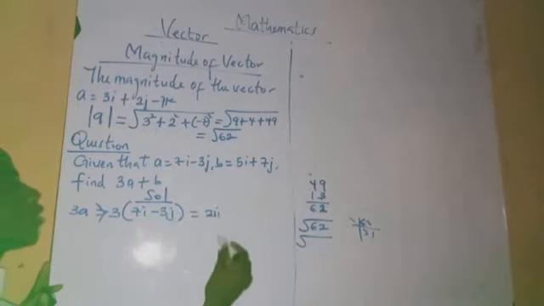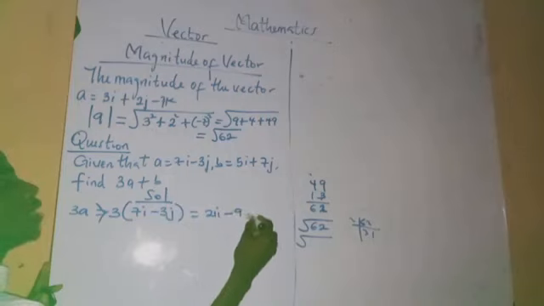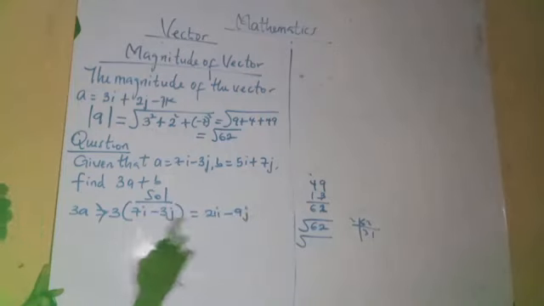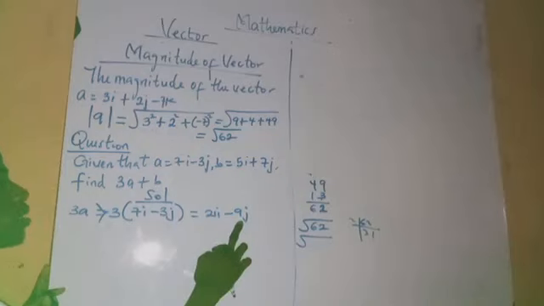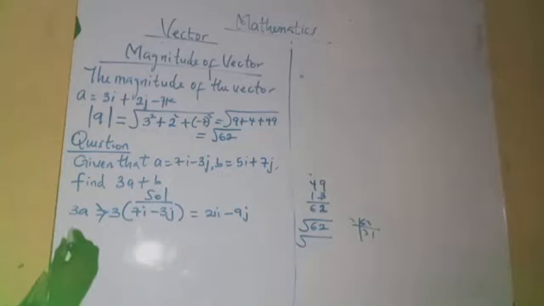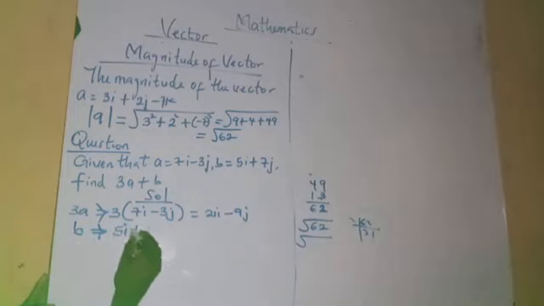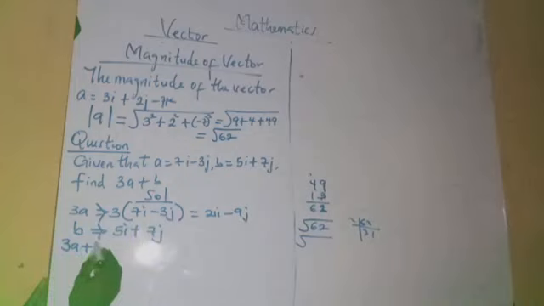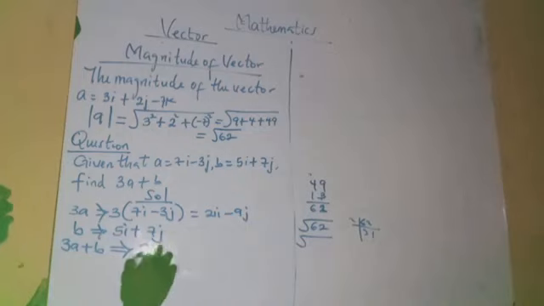That gives us 21i minus 9j. That is 3 times 7, 21, 3 times minus 3, minus 9. Now for B, what's our B? Our B is 5i plus 7j. To find 3A plus B, what's our 3A? Our 3A is 21i minus 9j, right?